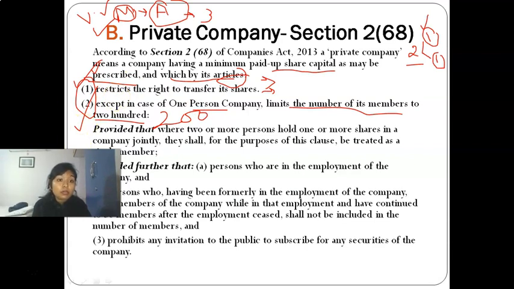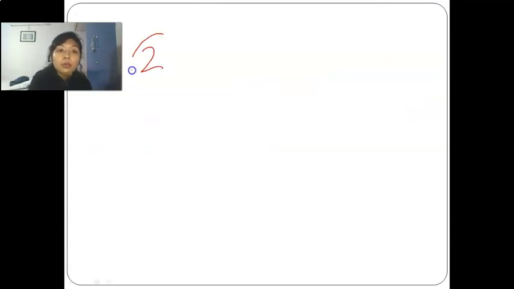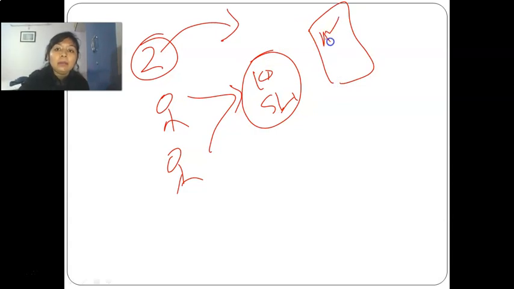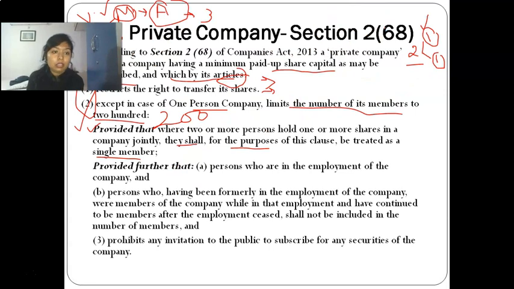But there are certain exceptions. The first exception is provided that, again you can remember the word we had studied, provided that where two or more persons hold one or more shares in a company jointly, they shall for the purpose of this clause be treated as a single member.